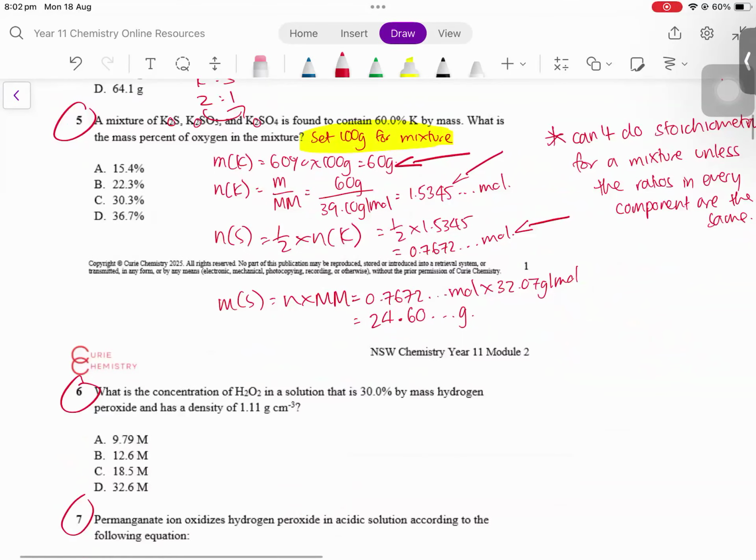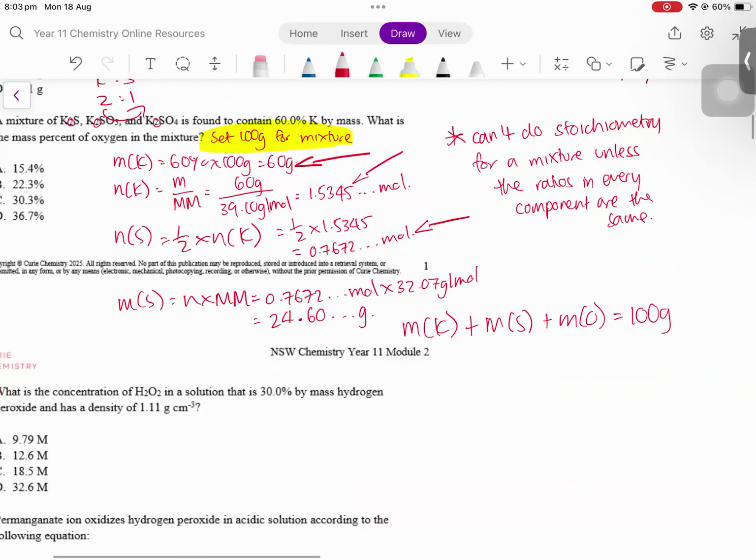So then the whole thing, guys, has to add up to the 100 that I said. So mass of K plus mass of sulfur plus mass of oxygen equals the 100 grams that I set. So mass of oxygen is 100 minus the potassium, which I set at 60, minus the sulfur that you guys got, which is 24.6-ish.